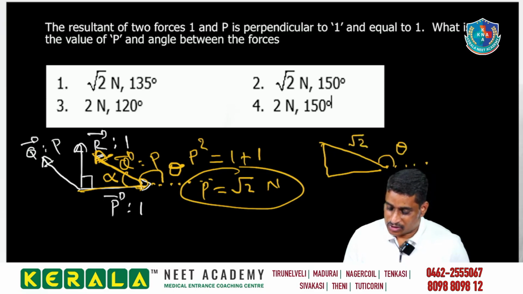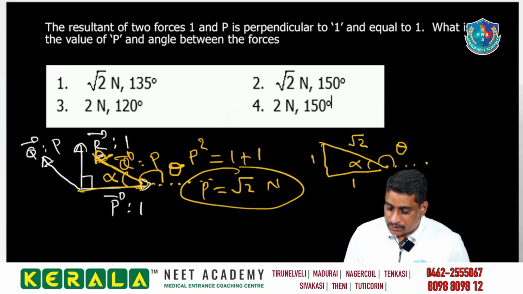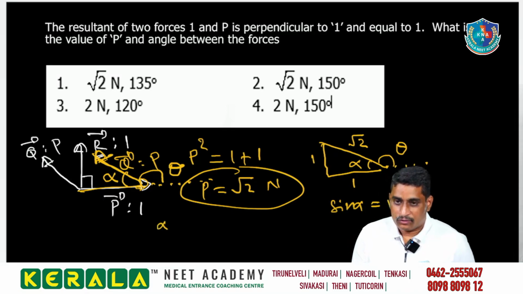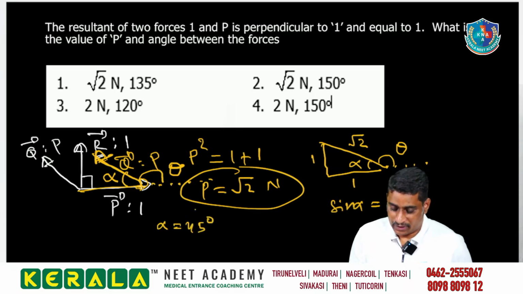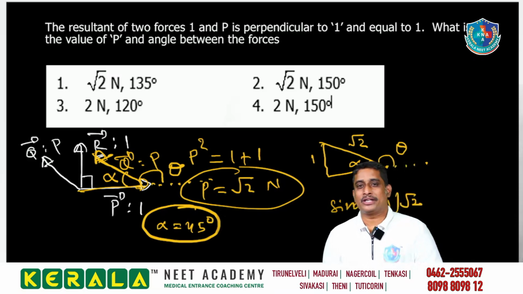This value we got as root 2, this is 1, this is 1, this is alpha if you take. From the diagram we can take sin alpha will be equal to 1 by root 2, or tan alpha will be equal to 1 by 1. That alpha will come out to be equal to 45 degrees. 45 degrees is not the angle between P bar and Q bar.